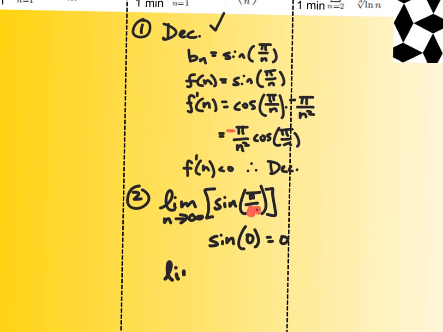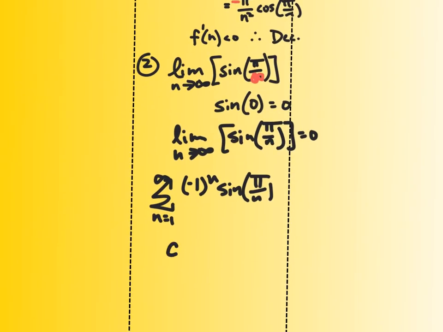Therefore, the limit as n goes to infinity of sine of pi over n would be 0, and thus this alternating series converges by the alternating series test.